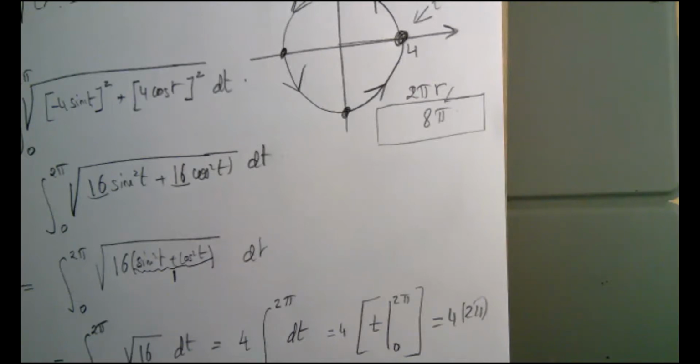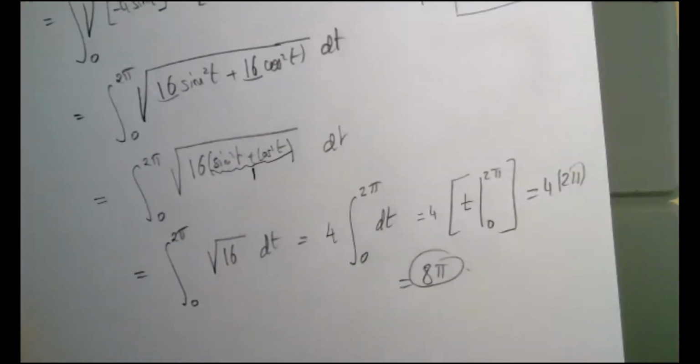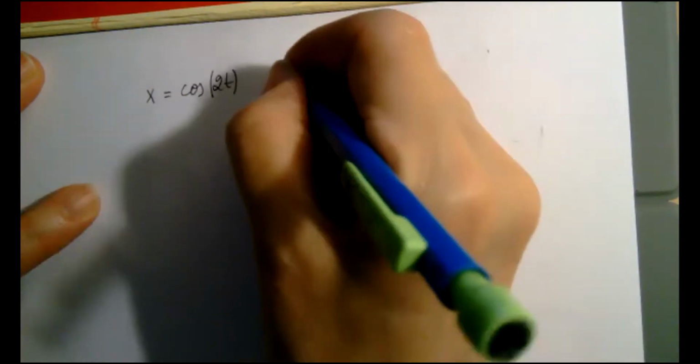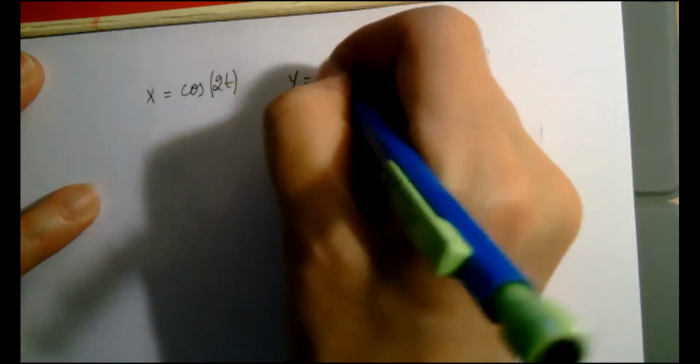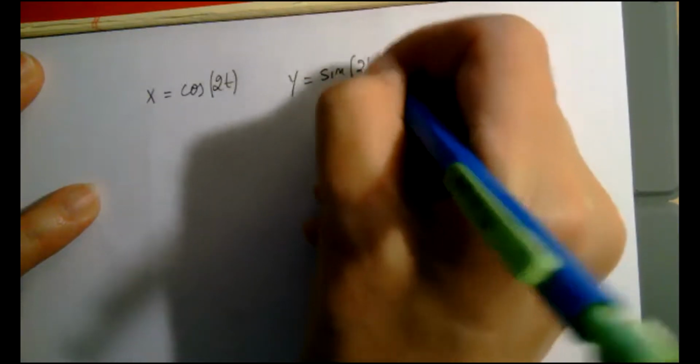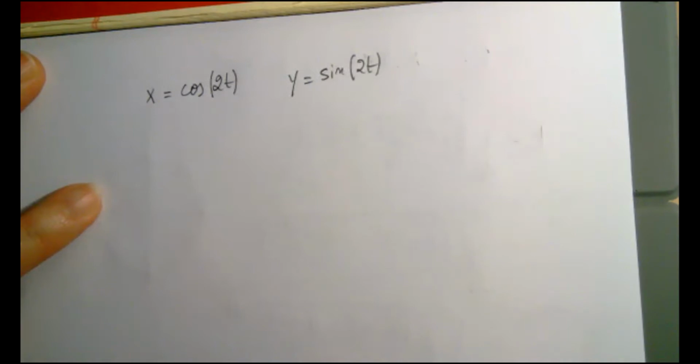Okay. Now, let us say I take the following problem. I will take, not a hard one, x is, let us say, 4 cosine 2t, and y equal 4 sine of 2t.